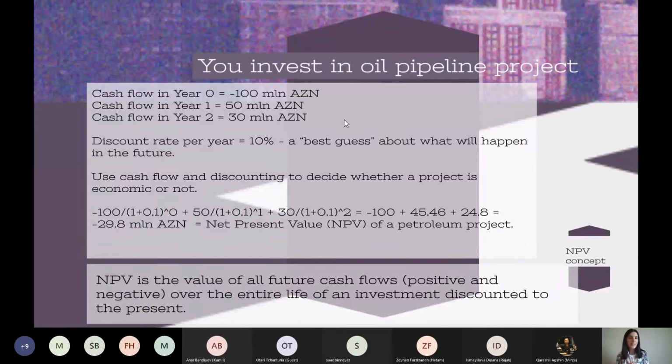So this is your best guess about what will happen in the future. Now we can use cash flow discounting, or present value of cash flow, and then we can decide whether this project is economic or not. So for this, we need to find the present value of each cash flow: the cash flow in year 0, the first year and the second year.